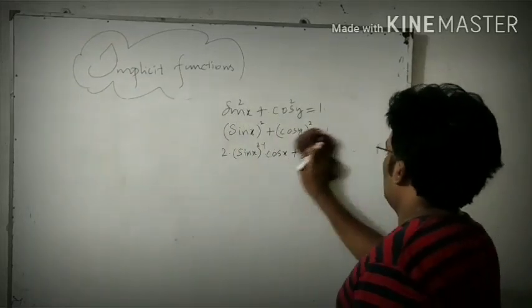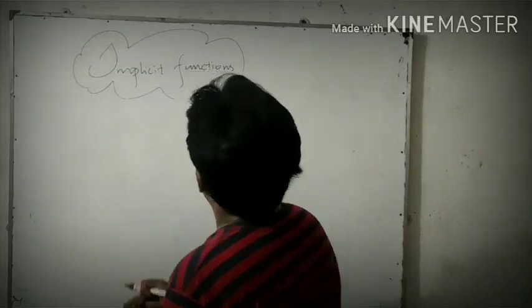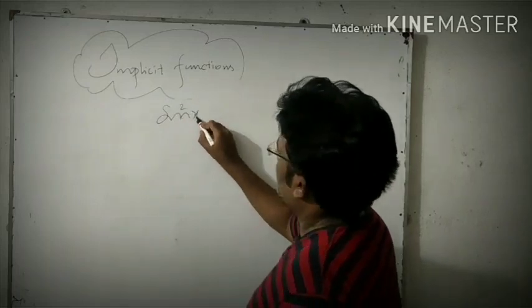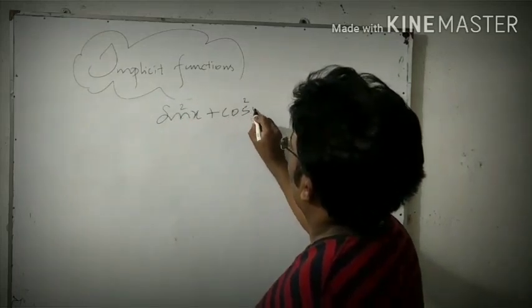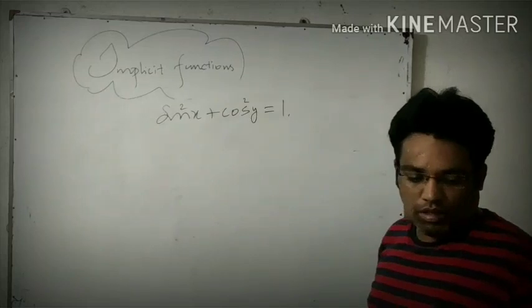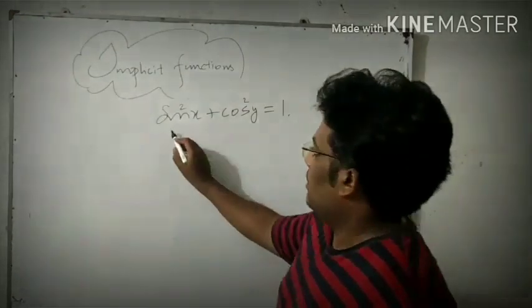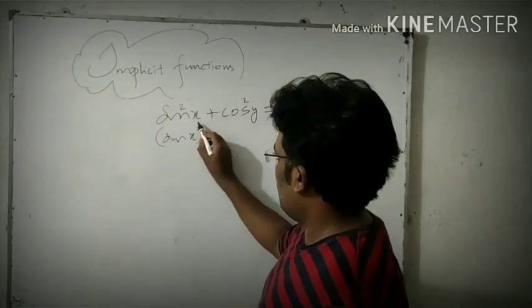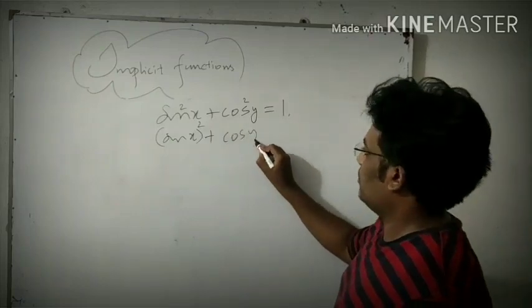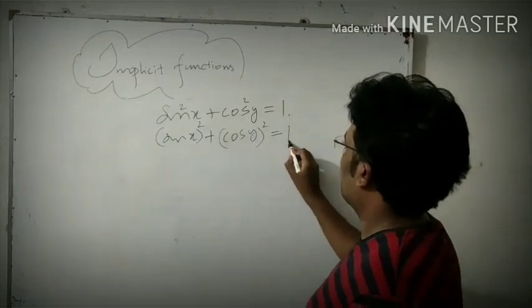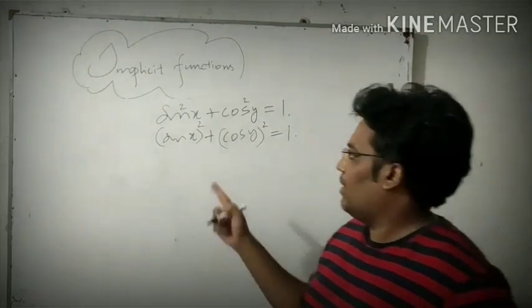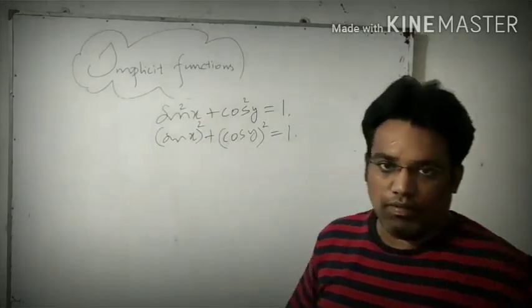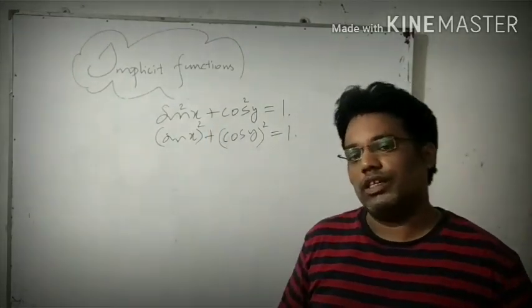So now let me just explain it once again. Sine square x plus cos square y equal to 1. This is the problem. So this is sin x whole square plus cos y whole square equal to 1. Sin x is a variable, 2 is a constant, a variable to the power of constant.